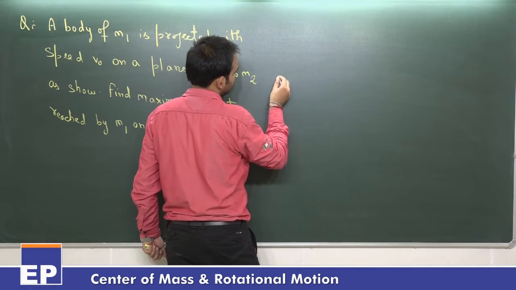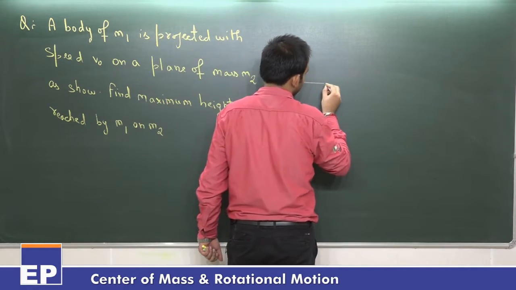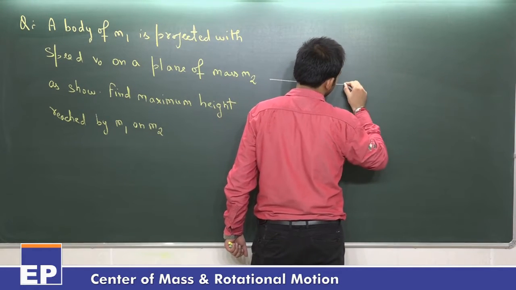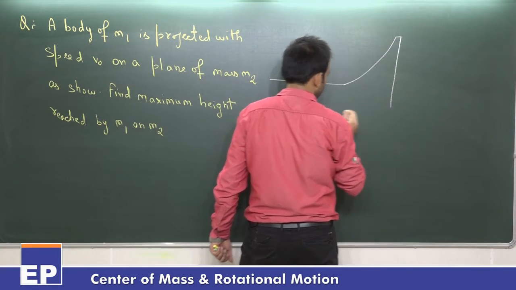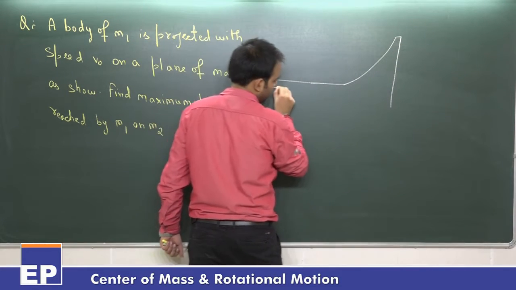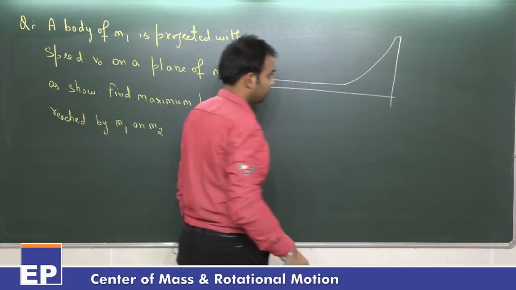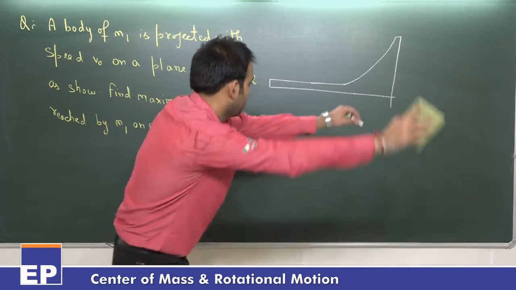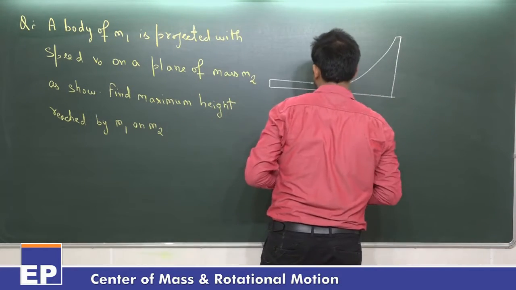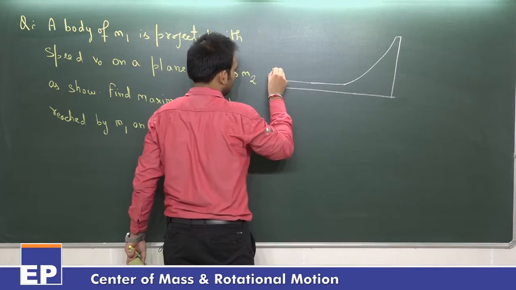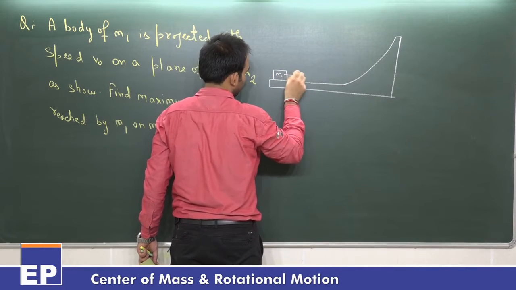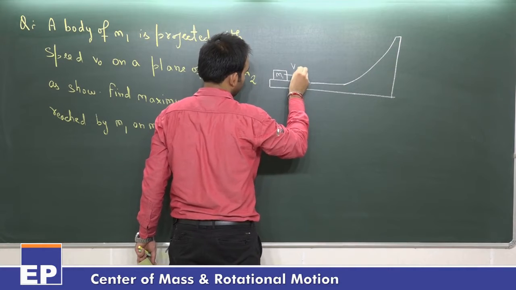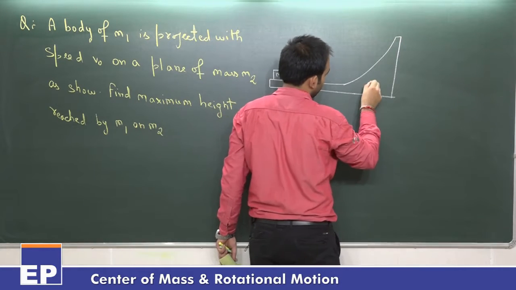Look, this is the mass m1 which moves with v0, and this is m2.